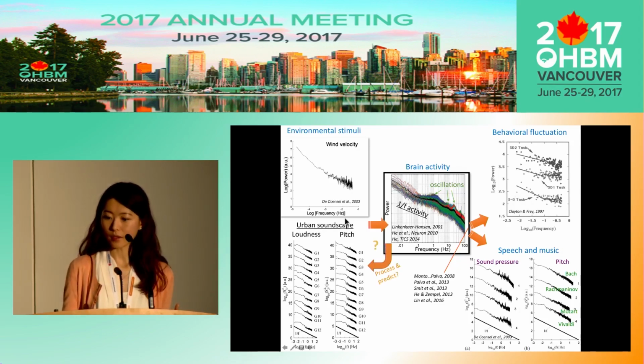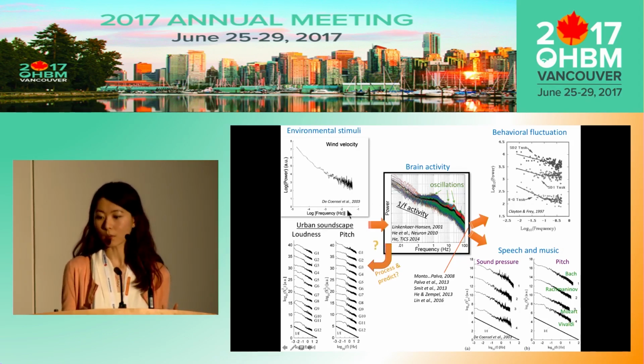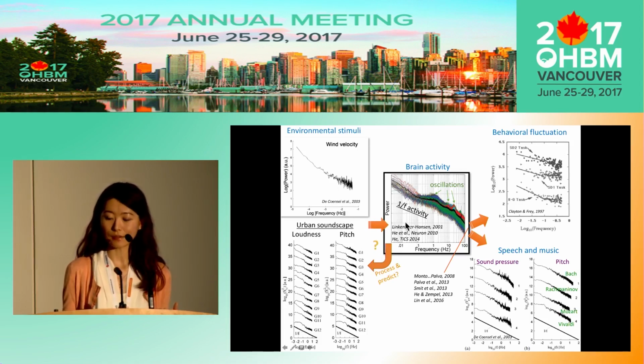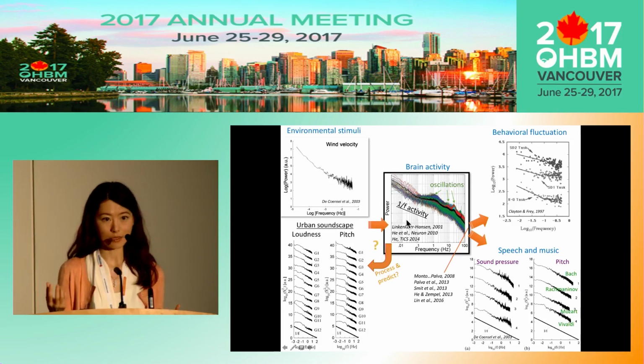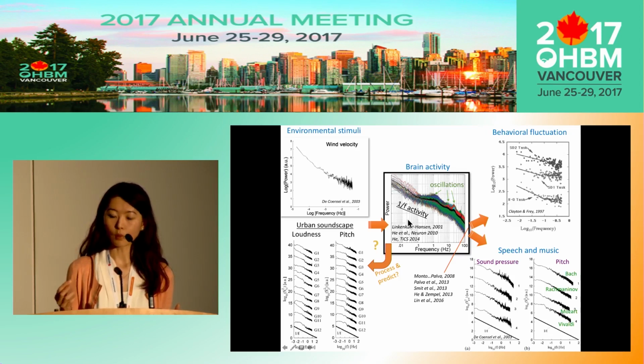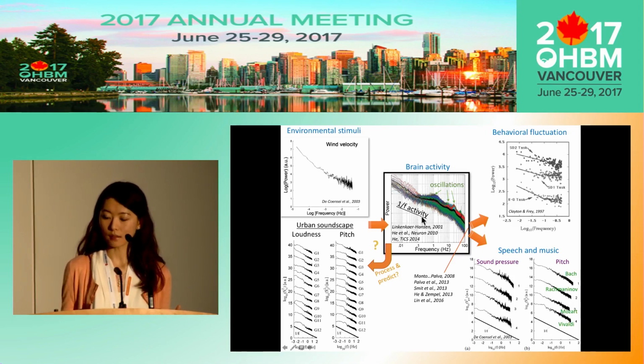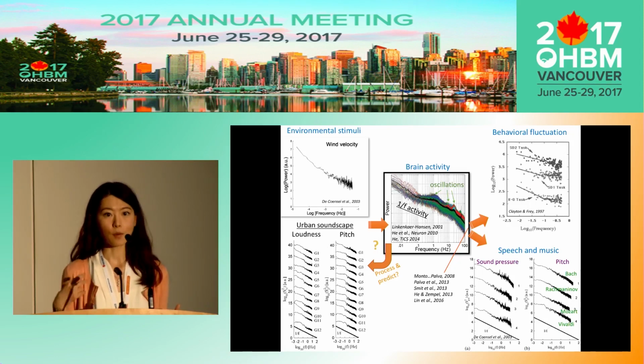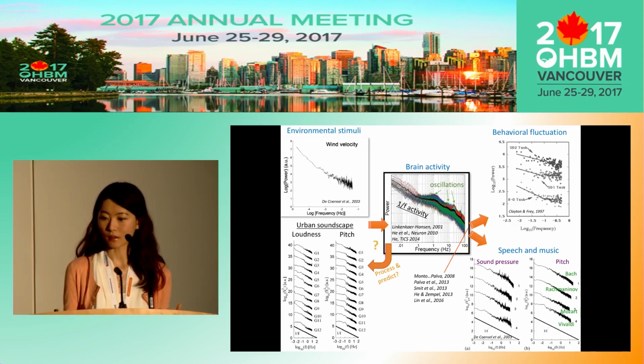And I'd like to tell you about some very recent work from our group about the 1/f brain activity's potential role in processing and predicting natural environmental stimuli. The motivation for this is that because the statistical structure of 1/f activity is similar to these natural environmental stimuli, maybe it is especially suited for processing these stimuli.